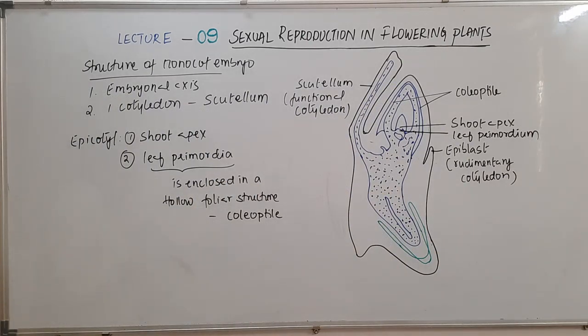Now, coming to the lower part of the embryonal axis, that is called the hypocotyle.